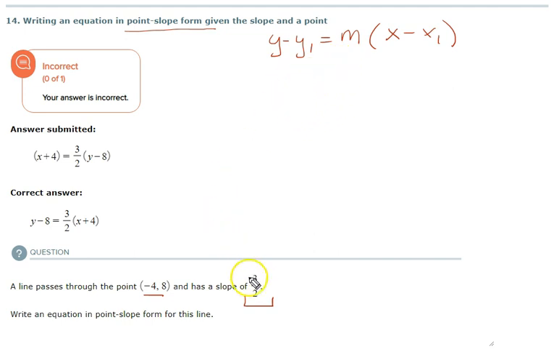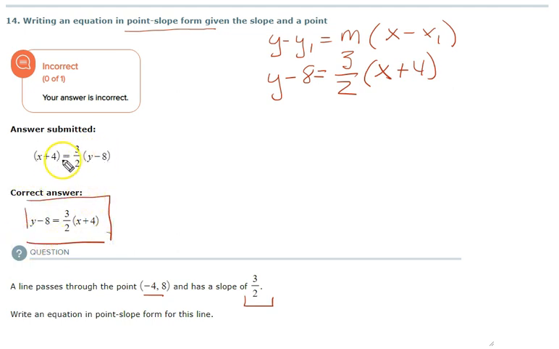So our slope is 3 halves. Now it's a negative, and our x value is a negative 4, so this becomes a positive 4. The opposite of a negative is this. And then we have our x value is 8, so this is going to be y minus 8, and then that's our answer.